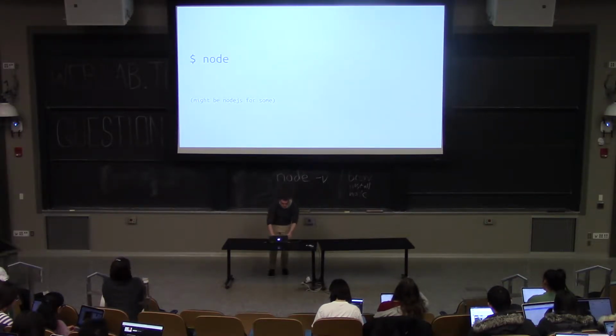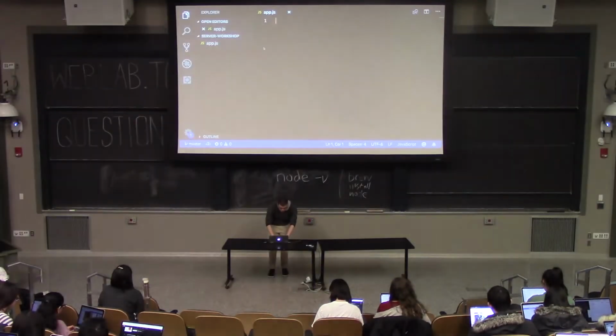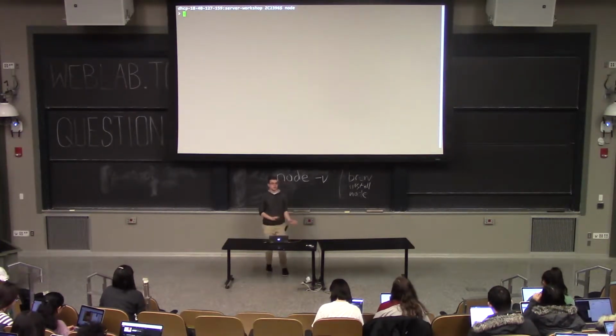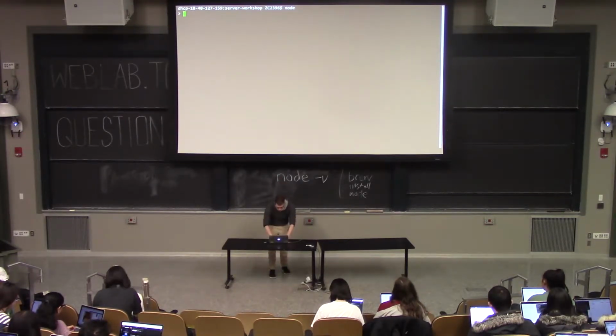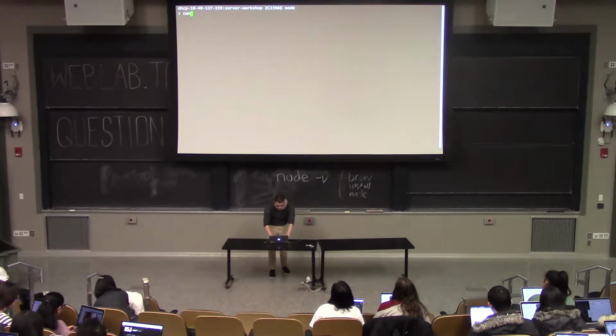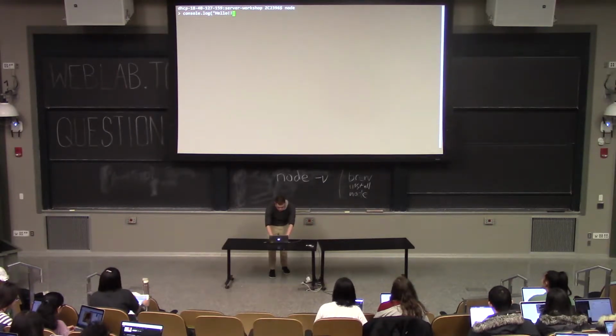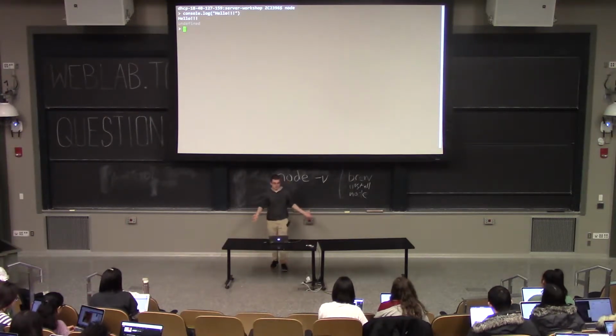So what we can do is go into our terminal and type node, and if we just input node, it will put us into a command prompt, a console, and we can actually just type JavaScript code. So if I do console.log hello, it's going to print out the hello for me.